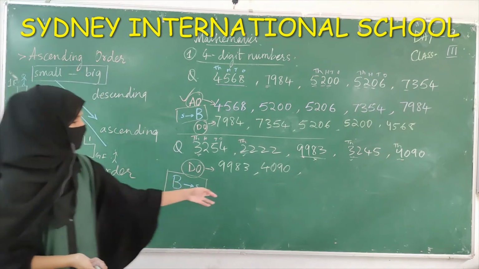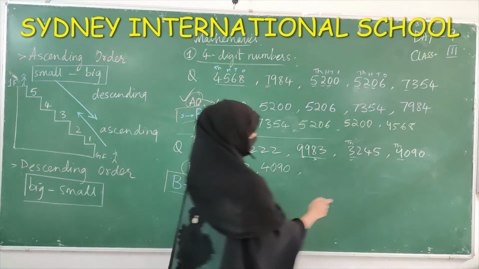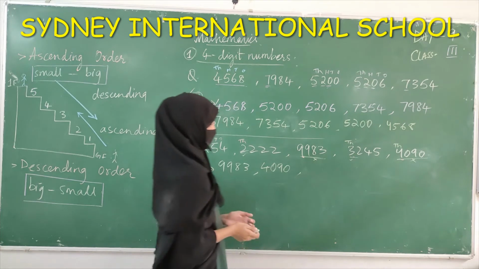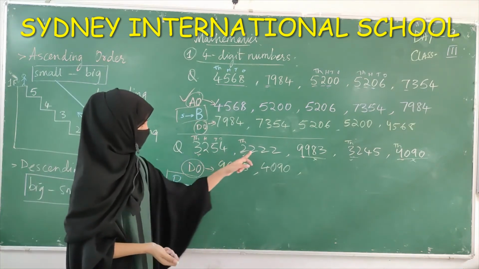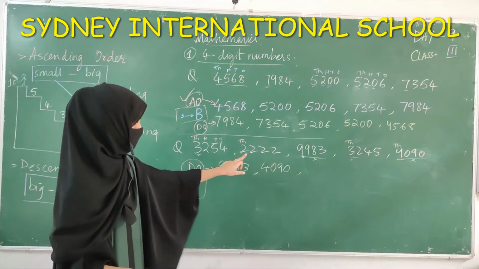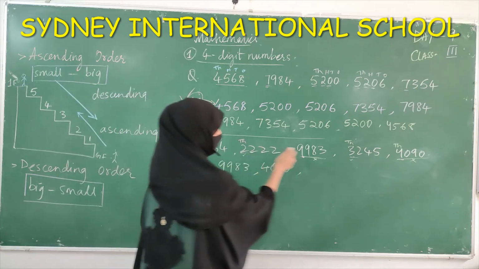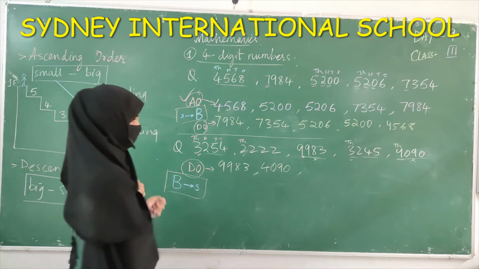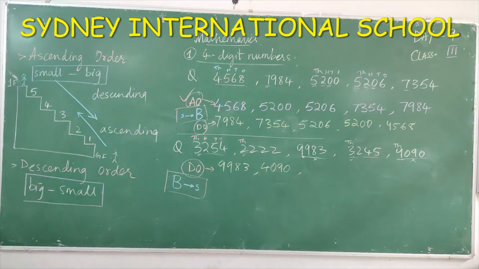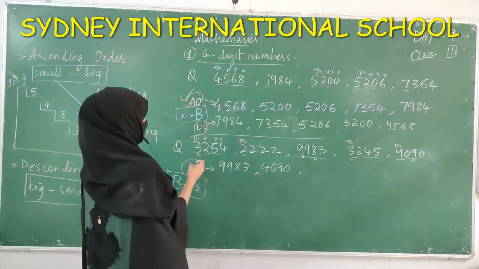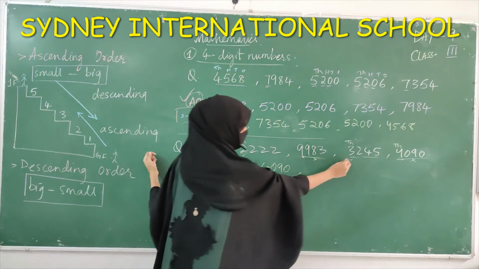Now 4 is also over. We'll just strike it off. Now we have 3 numbers. 2 start with 3, 1 starts with 2. Which is bigger? Obviously 3 is bigger. So we'll compare this one and this one now. Here 3 is in the thousands place. Here also 3 is in the thousands place.